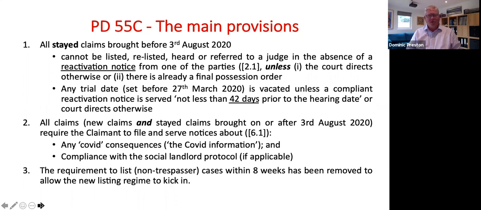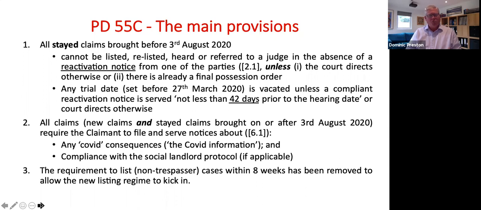Could be from either party. There are some exceptions. I've mentioned one already, which is if there's a possession order in place, then there's no reactivation notice required. But the other key point is that the court can, on application, direct otherwise.